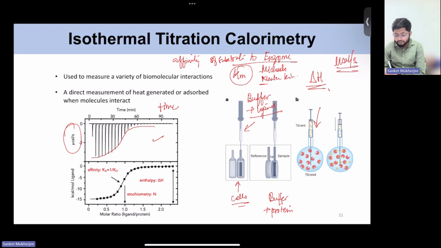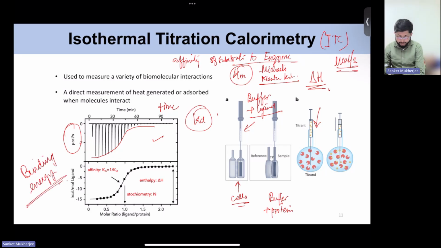Or dissociation constant Kd can be figured out using an ITC instrument. Another thing that can be calculated is the binding energy. That can also be calculated.